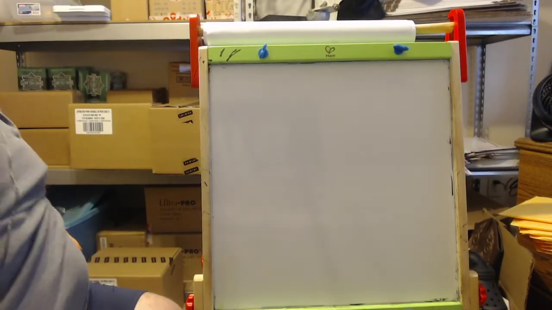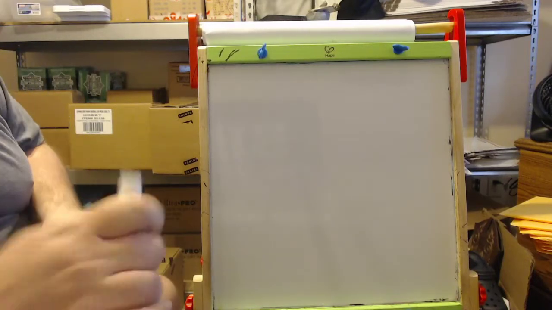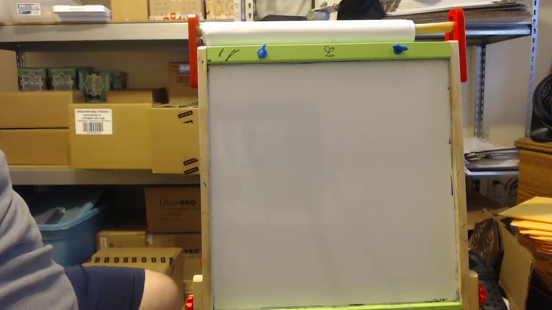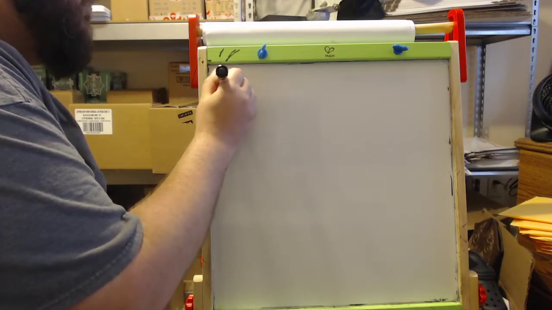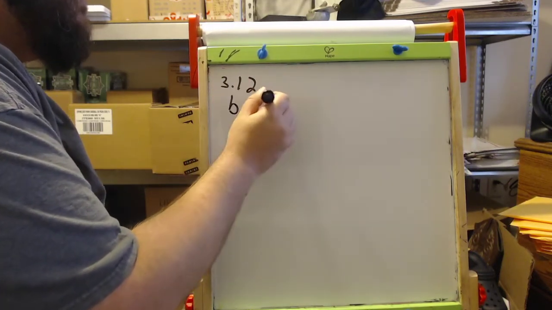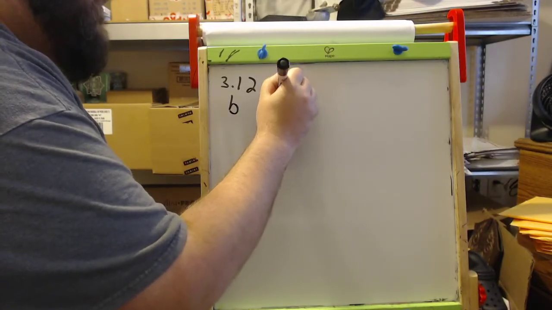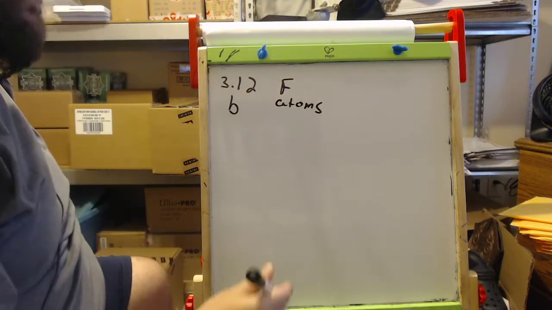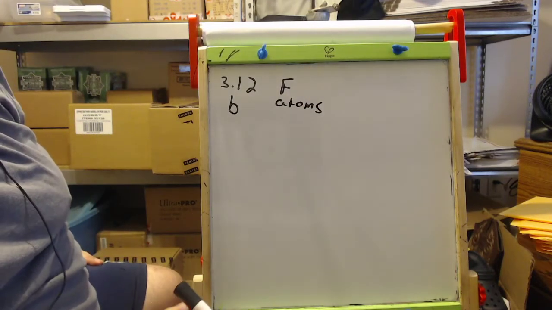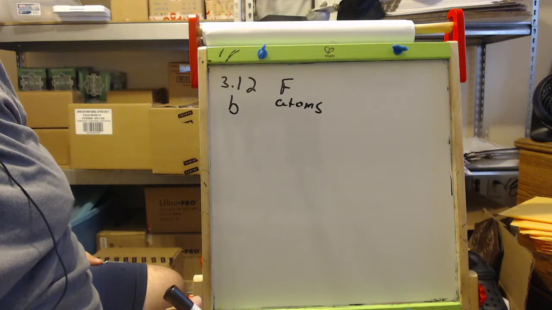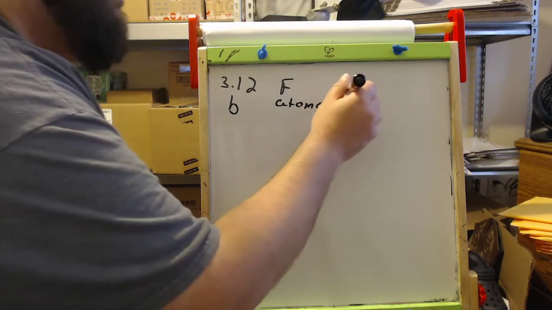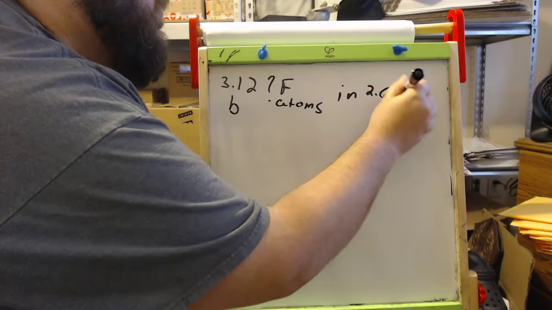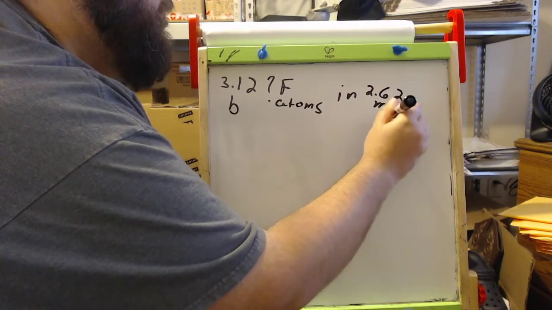And I'm recording this homework just so you have it to review. So this is 3.12b. They want to know the number of F atoms in 2.62 moles. So F atoms in 2.62 moles of F2.